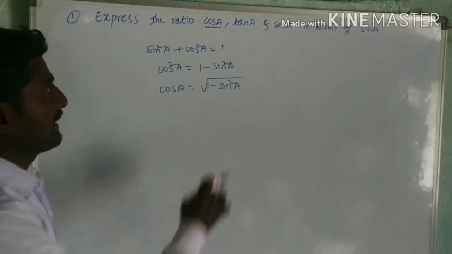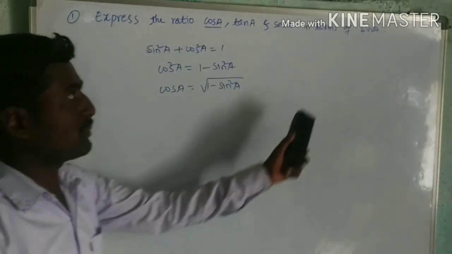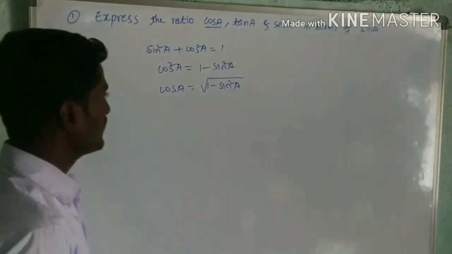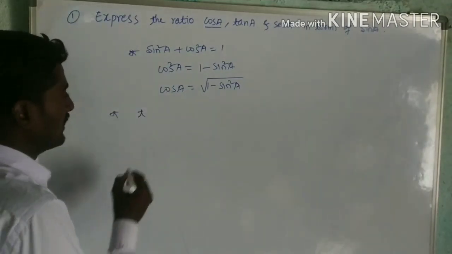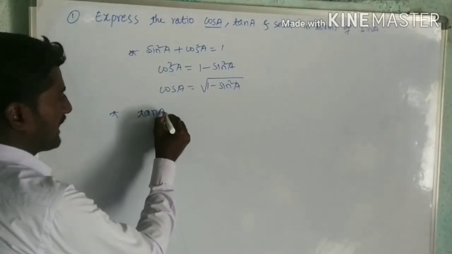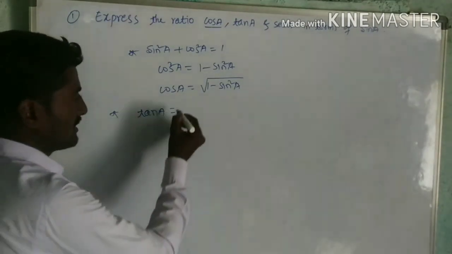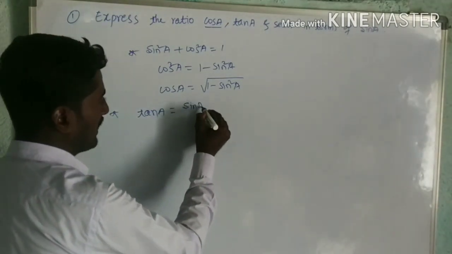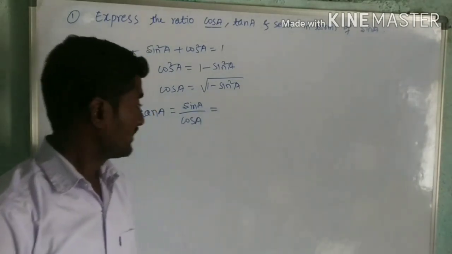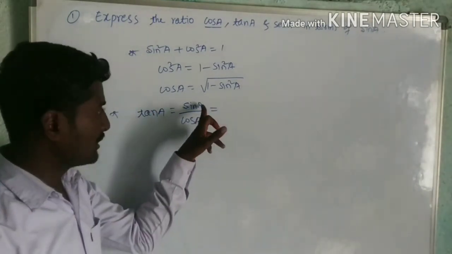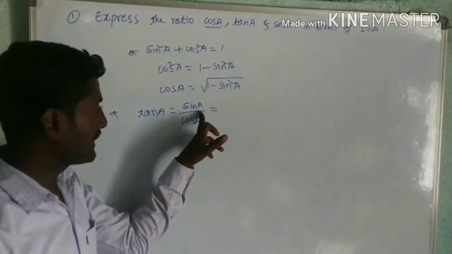Okay. Then another one, tan. Tan in terms of sin. So tan A, I can write this as sin A divided by cos A. Tan in terms of sin: the numerator is already in terms of sin, but the denominator is not.